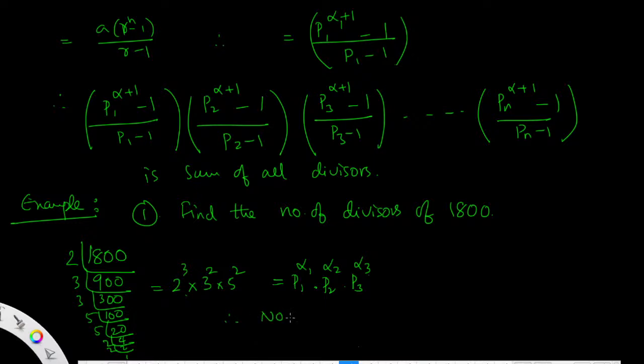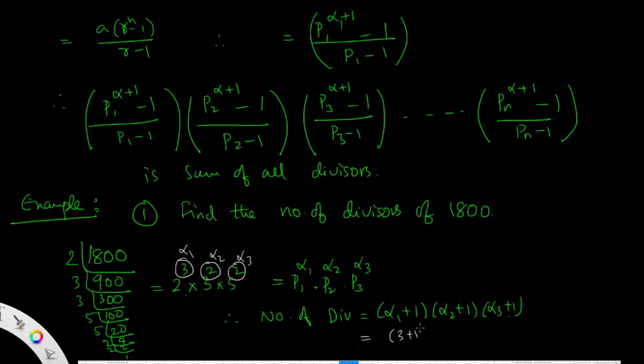Therefore, number of divisors equals alpha 1 plus 1, alpha 2 plus 1 and alpha 3 plus 1. Here alpha 1 is 3, this is alpha 2 and this is alpha 3. Now multiply 3 plus 1 into 2 plus 1 into 2 plus 1. That is 4 into 3 into 3, so totally 36 factors will come for the number 1800.